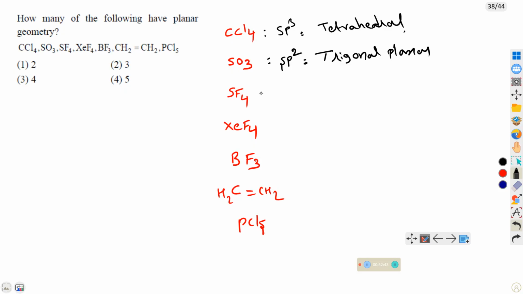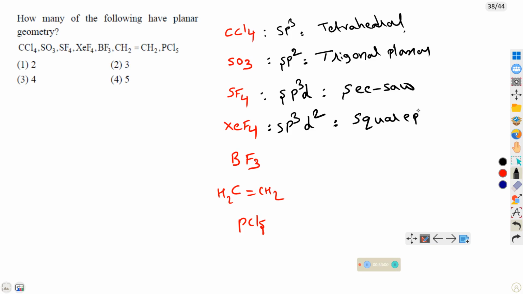SF4 is sp3d hybridization with 1 lone pair, geometry is seesaw. XeF4 is sp3d2 hybridization with 2 lone pairs, geometry is square planar. BF3 undergoes sp2 hybridization, geometry is trigonal planar.